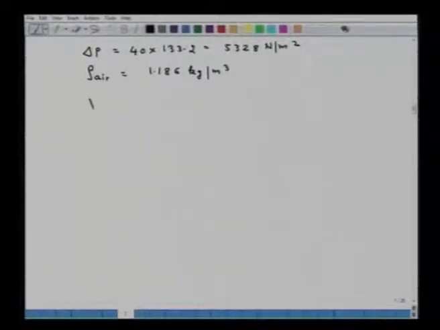Then we have to calculate V bar, that is equal to 58.2 upon 60, that is meter cube per second, into 4 upon pi into 0.3 into 0.3. So, that is equal to 13.73 meter per second, that is V bar.